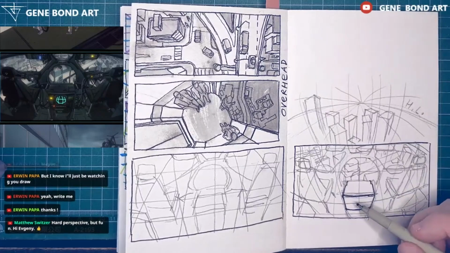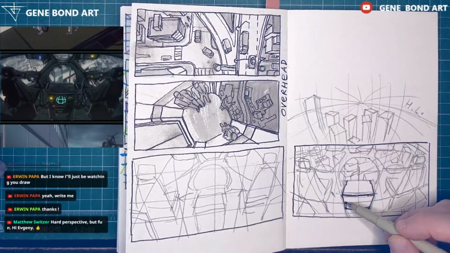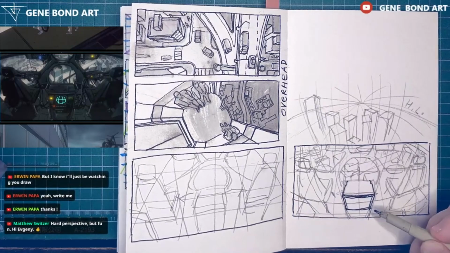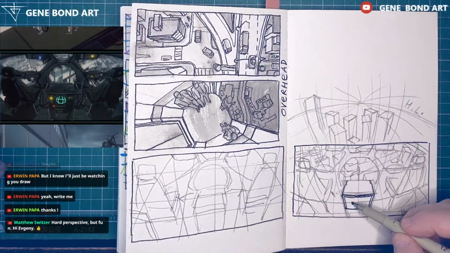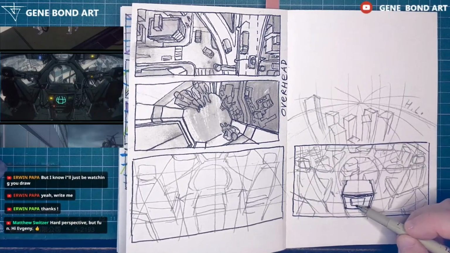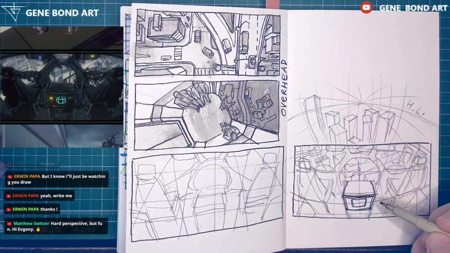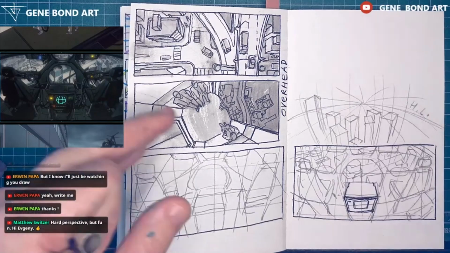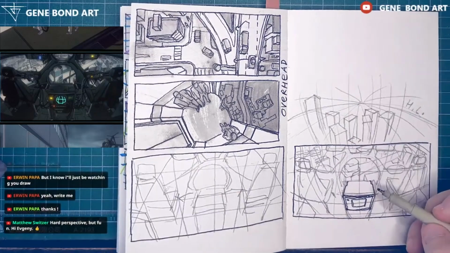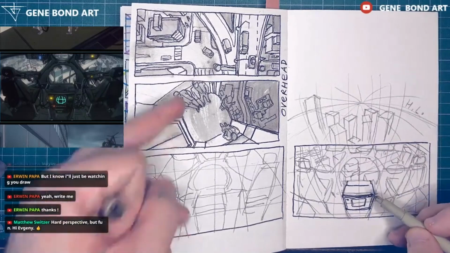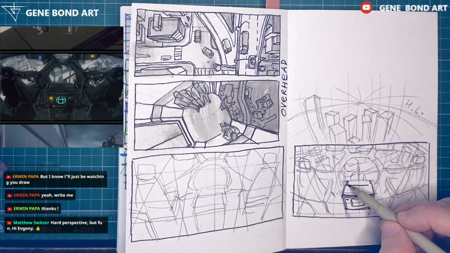So after you do about 100 studies like this, like analysis of your favorite artists, it will already make perspective very easy for you. And the difficult part will be about how to draw vehicles, how to draw people in general, like people's clothing.